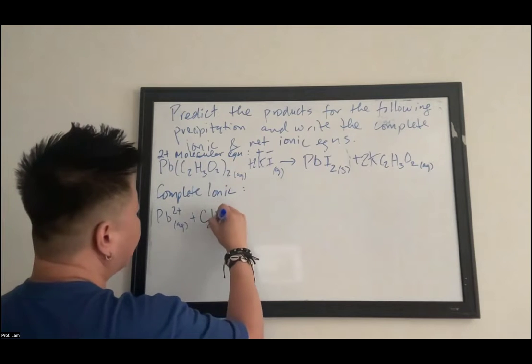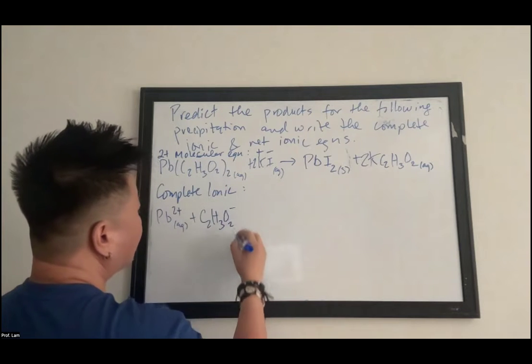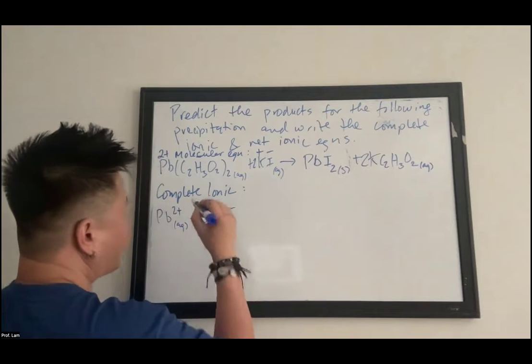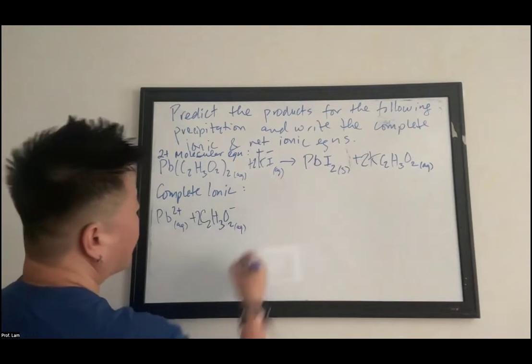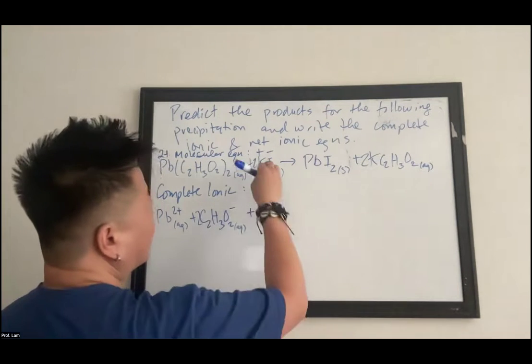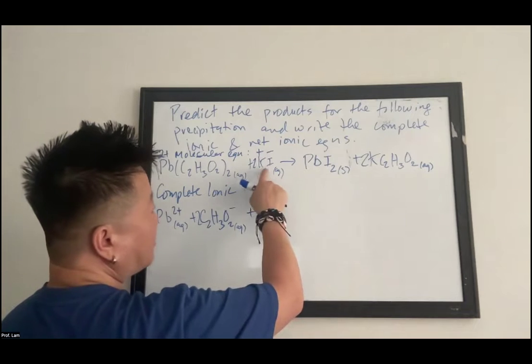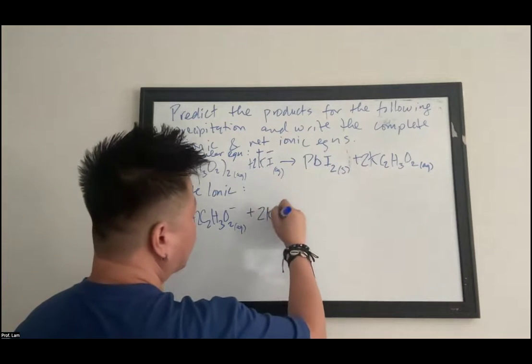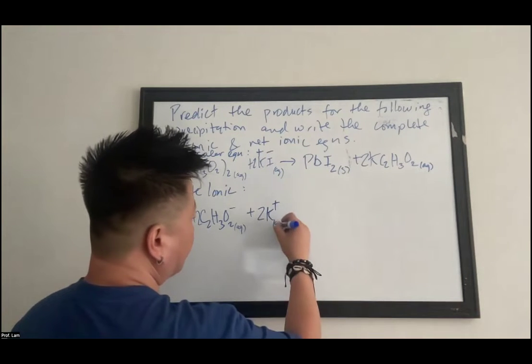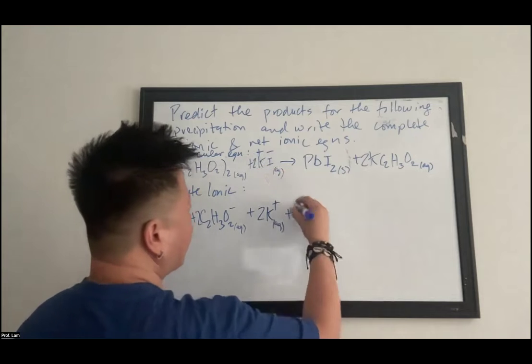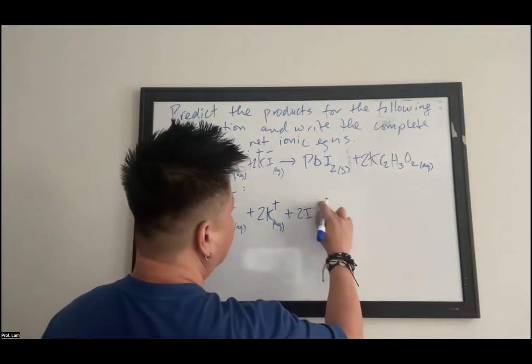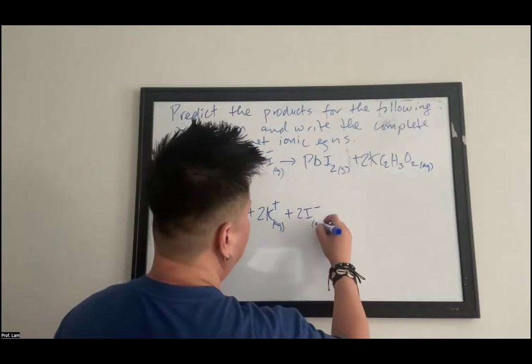So I go 2 C2H3O2 minus aqueous, okay. Plus, that's 2 potassium iodides, right? 2 KI, so that means 2 potassiums, because this is aqueous, gets split up. And that means 2 iodides, so 2I minus. Remember to have the charge, okay?